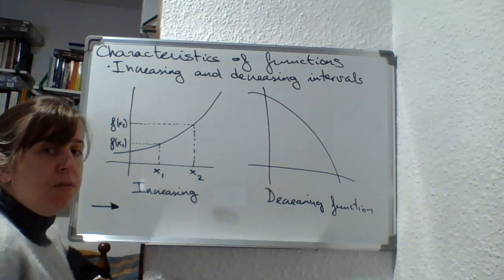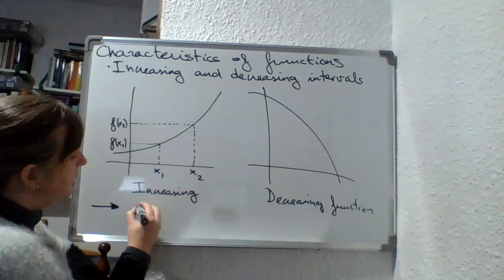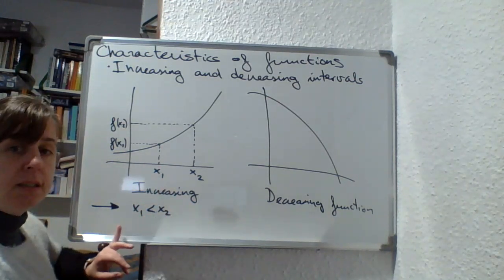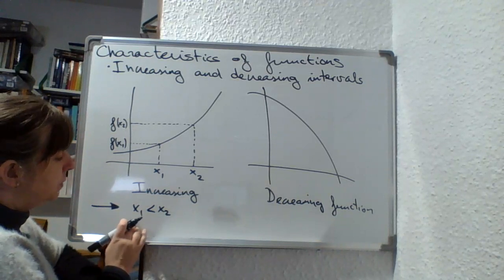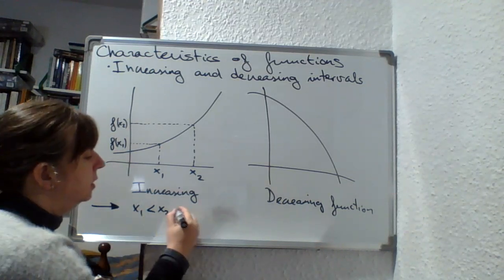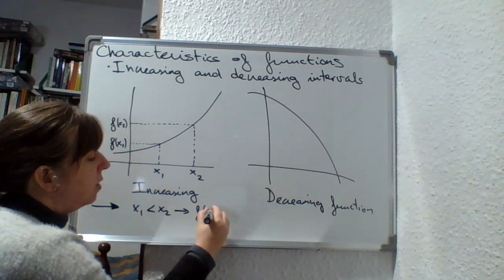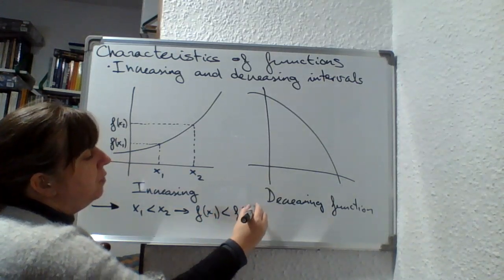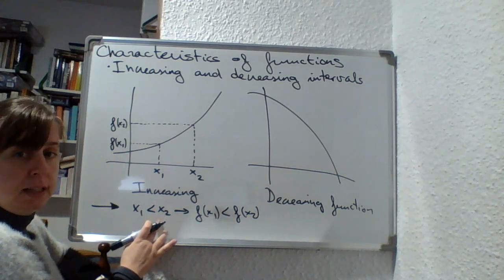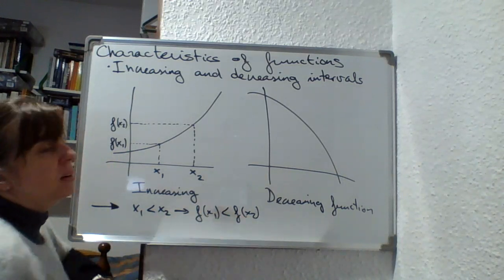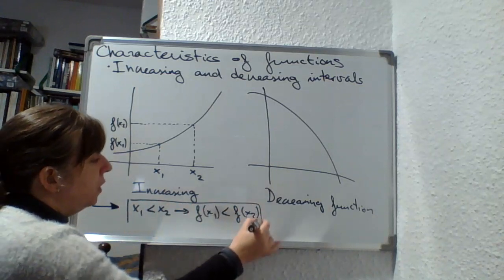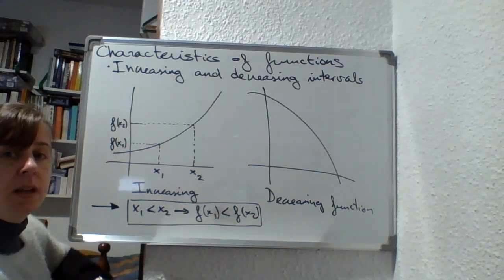So, if the function is increasing, for the smallest value of x, I have a smaller value of the function. And for the biggest value of x, I have a bigger value of the function. And this is the definition of increasing function.